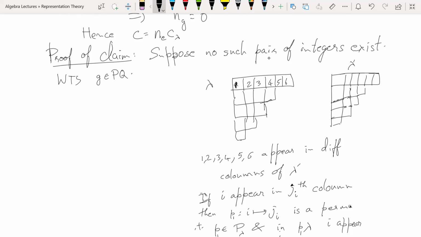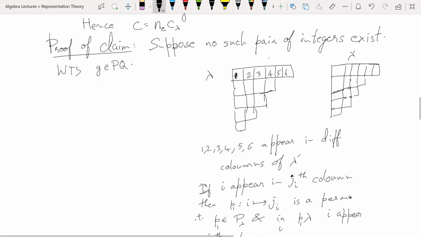So P1, which sends i to j_i, is a permutation which fixes the first row of lambda. Yeah, and it doesn't do anything to the other rows. In fact it preserves the first row of lambda, and fixes every other entry. So this P1 is actually in P lambda.